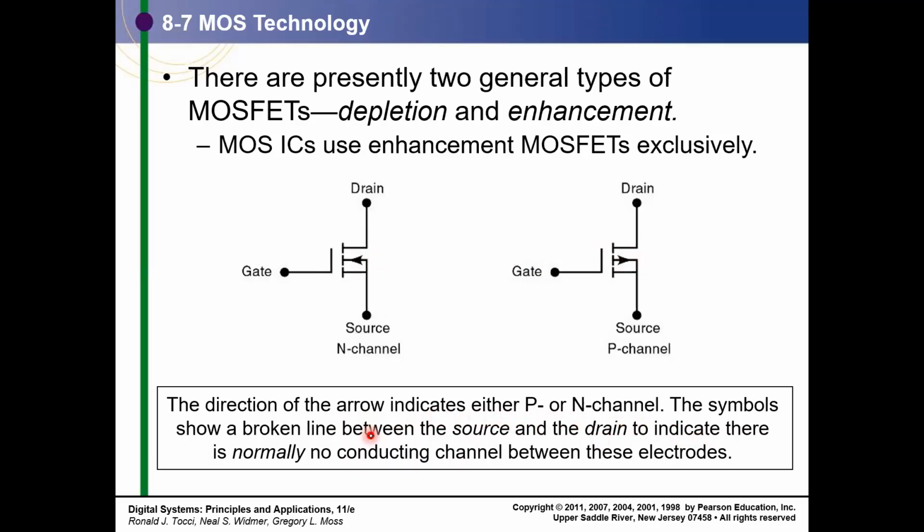The symbols show a broken line between the source and drain to indicate there is normally no conducting channel between these electrodes. But this is only one symbol. You have plenty of other symbols which you can use, and you will recall I had drawn a much simpler circuit which is typically used in digital circuits. These symbols are typically used in analog circuits, but you should know what they mean. So I am showing you.